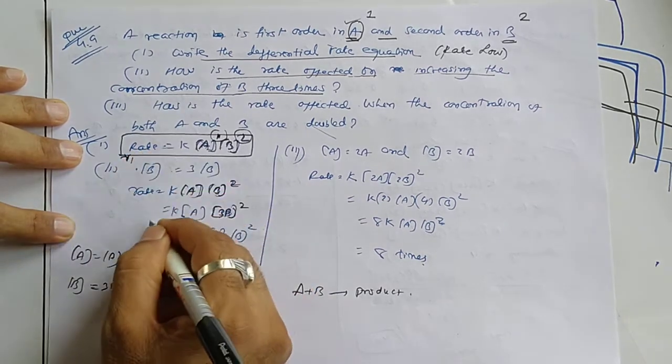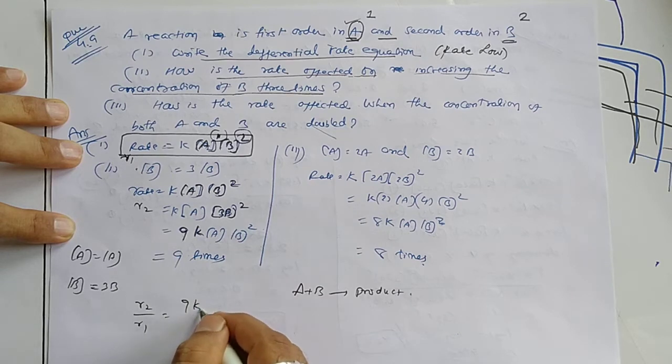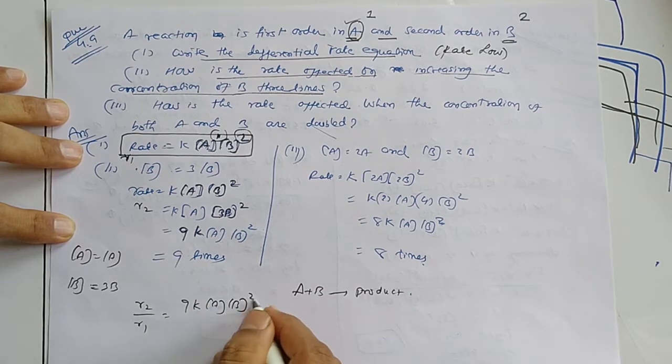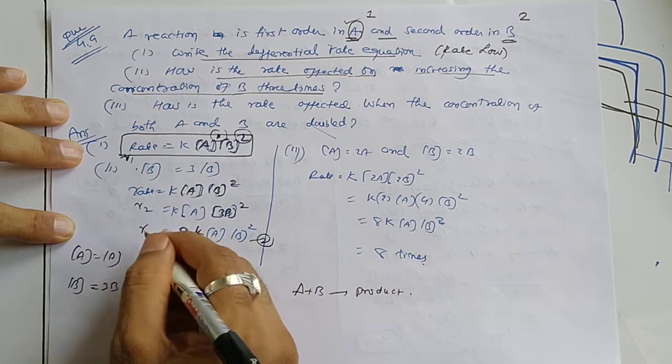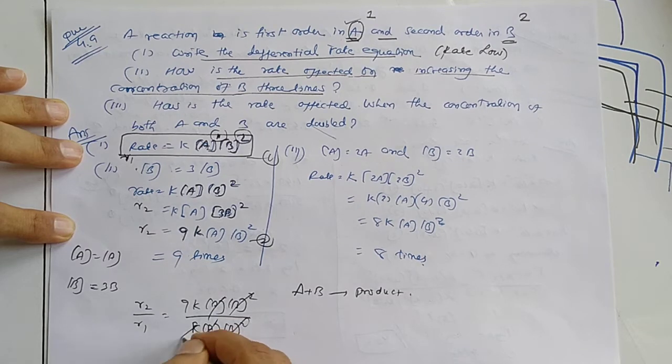This one is rate R1, this one R2. R2 divided by R1, so 9K A B square upon K A B square. So the final rate is 9 times the initial rate.